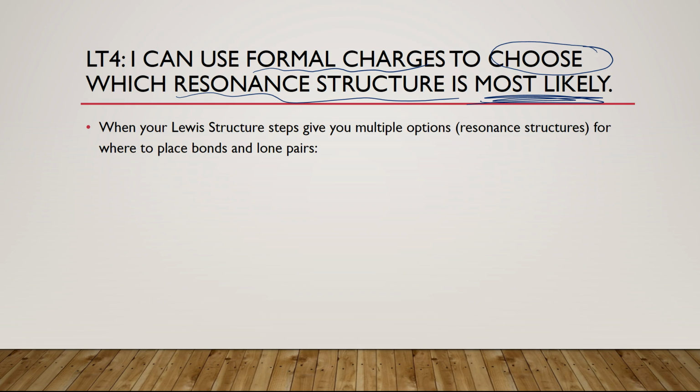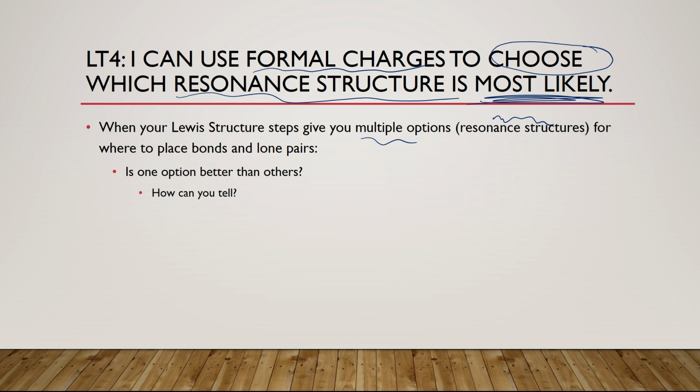So when your Lewis structure steps give you multiple options, which would be those resonance structures we talked about, for where to place lone pairs and where to place bonds, is one option better than the others? And how can you tell, of course? Sometimes we do need to make that decision. Is one option more likely than the others?